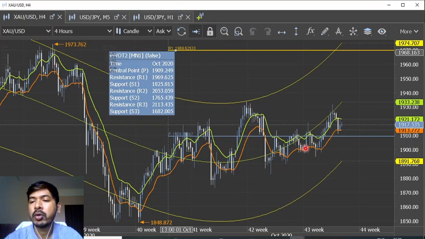So taken together, both of these factors are pointing to a conducive environment for the price rise in gold, and all we have to do is watch out for this crucial marker, the central pivot point, and as long as the price action is concentrated above it, we can be fairly hopeful of catching these possible bullish moves in the gold.